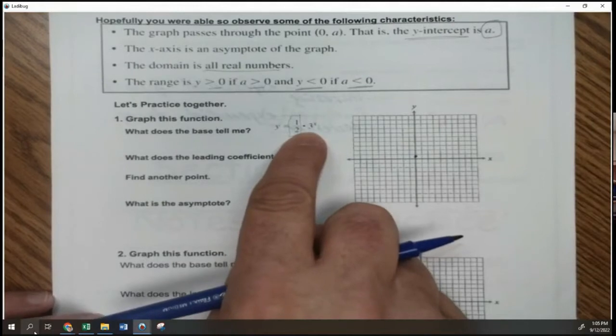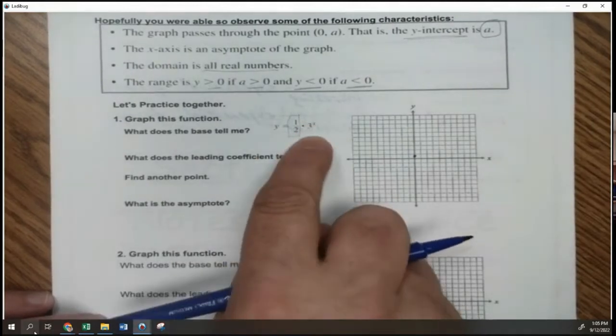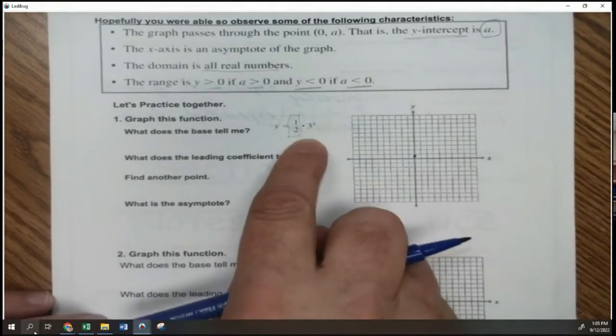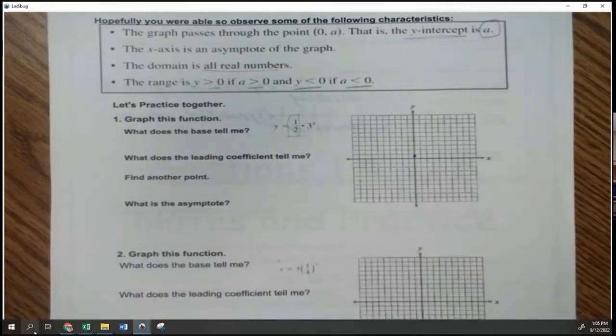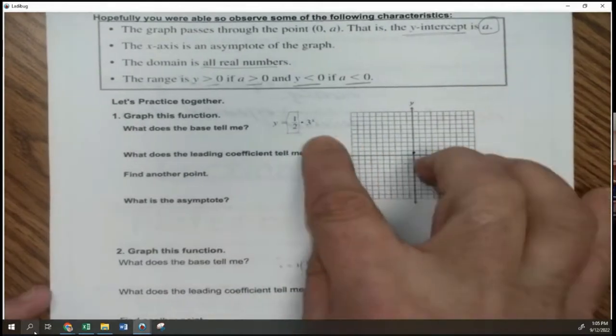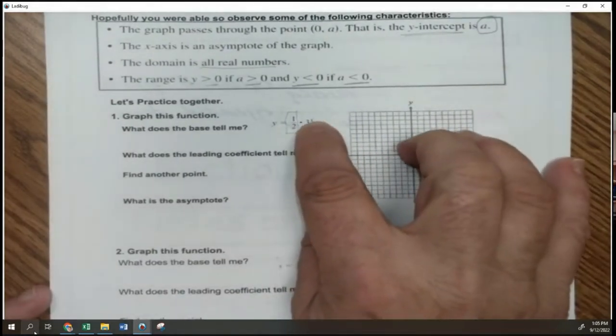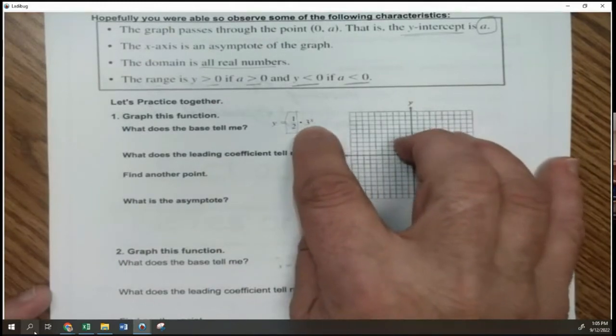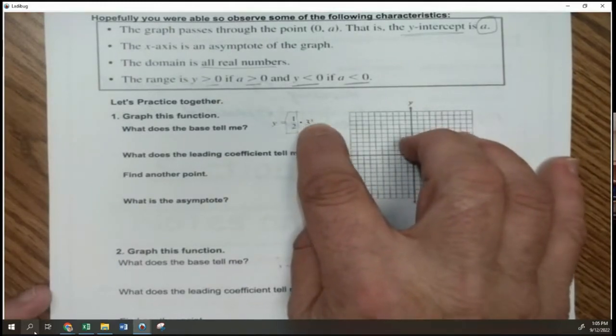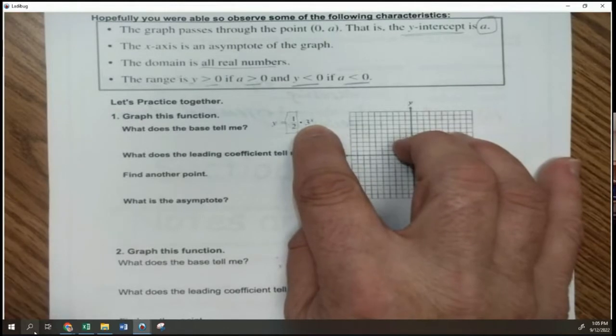Now the base of 3 to the x, that's our base for the exponent. That tells us that we're multiplying by 3 every time the x goes up 1. So like when x is 1, that's going to be 3. When x is 2, it's going to be 3 times 3. We are multiplying by 3 every time.